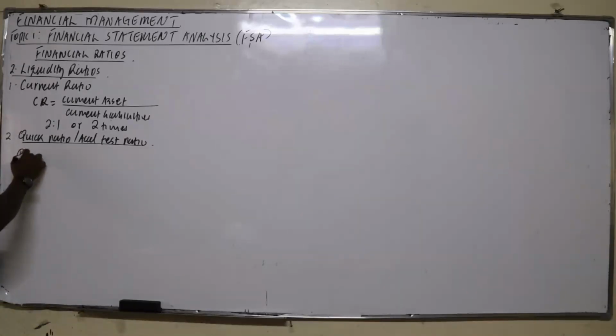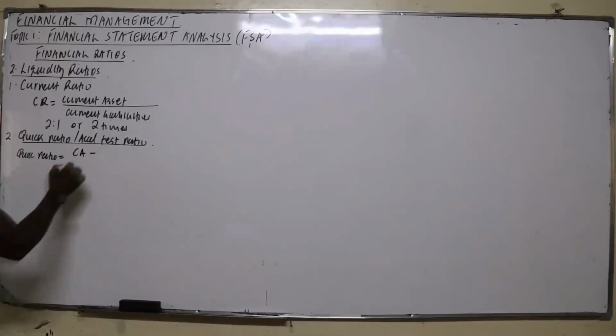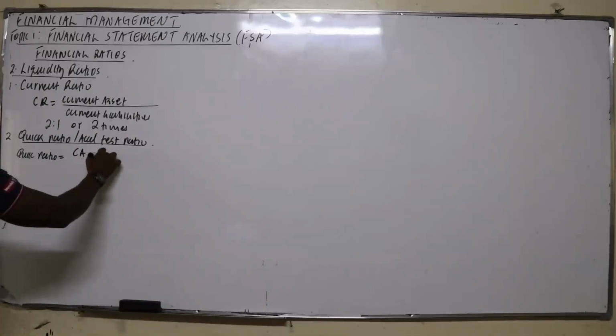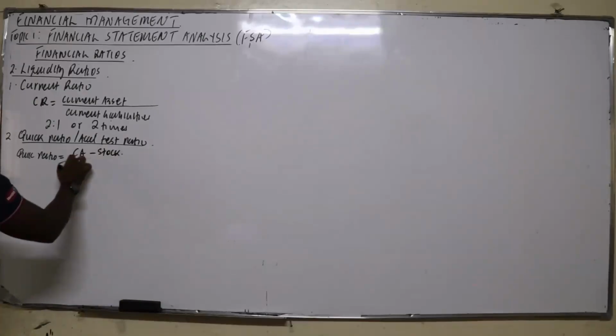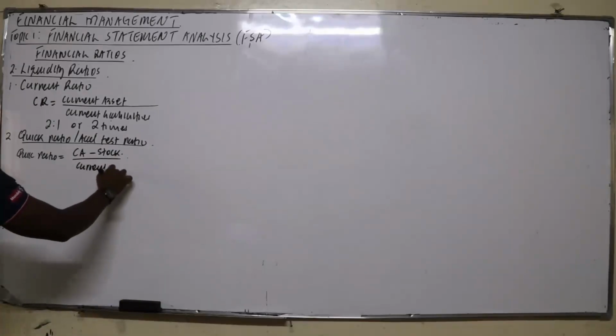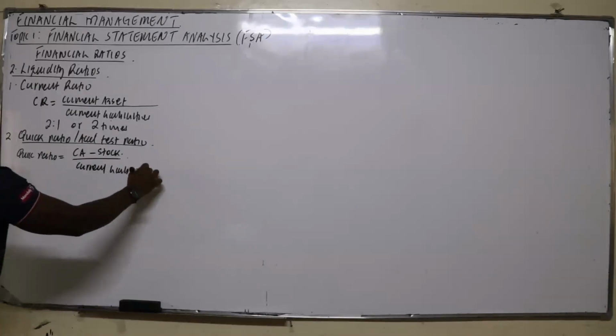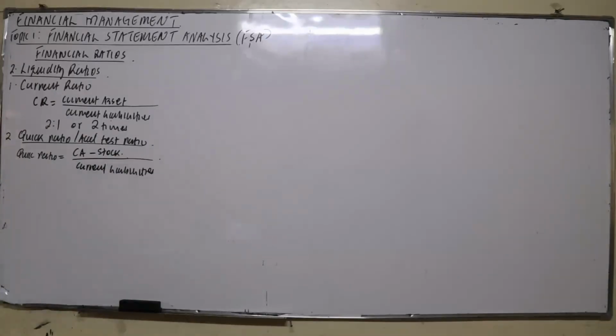So how do we get the quick ratio? You take the current assets, eliminate stock or inventory, then divide by the current liabilities.